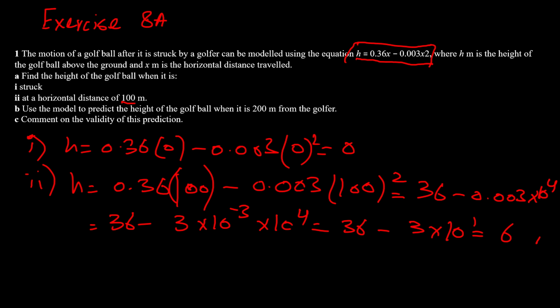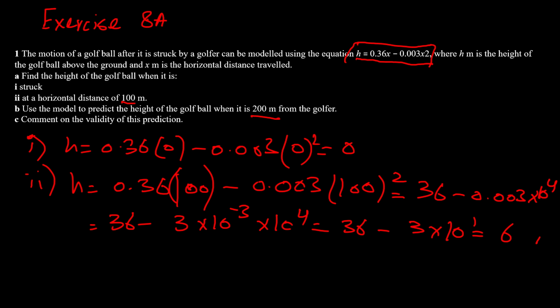Now use the model to predict the height of the golf ball when it is 200 meters from the golfer. We have to use this same model to predict the height when the horizontal distance from the golfer is 200 meters.